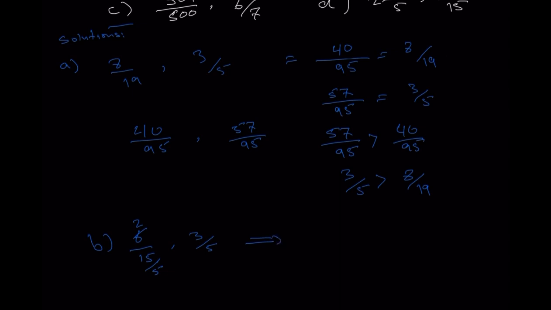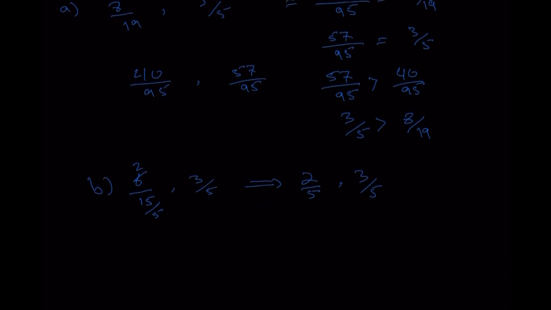Now the new fraction will be 2 over 5 and 3 over 5. Since we got the same denominators, the larger fraction will be the one that has a larger value in the numerator. So 3 over 5 is larger than 2 over 5.